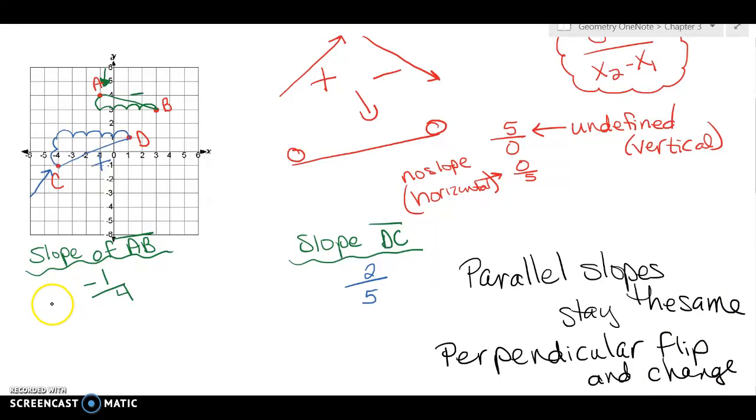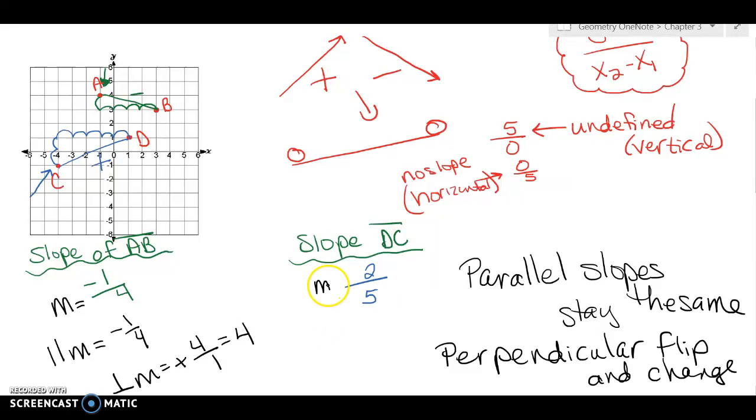So for this one here, my original slope was negative 1/4. So I need to find my parallel and my perpendicular. Well, parallel slopes stay the same, so this is negative 1/4. Perpendicular, flip. So it becomes 4/1. And since it was negative, it becomes positive. And so that is just 4.